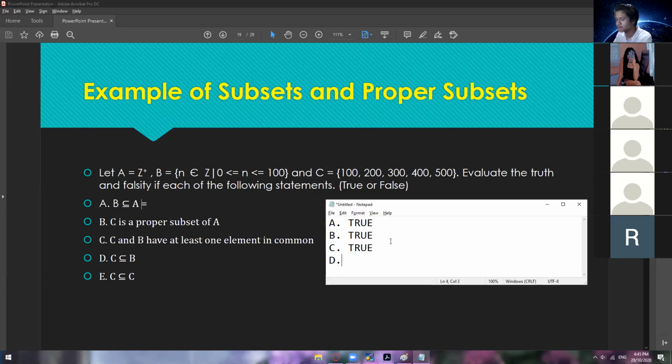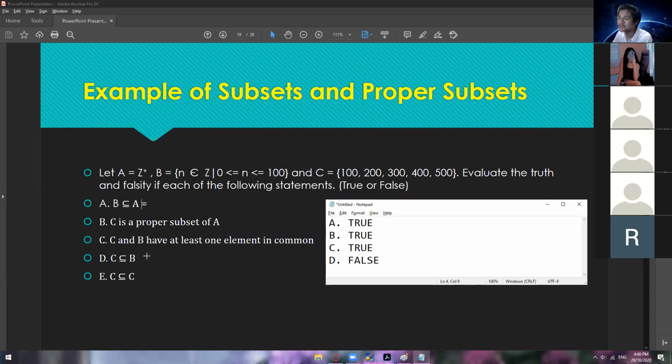How about letter D? Is C a subset of B? False.